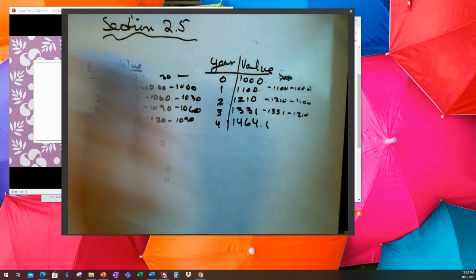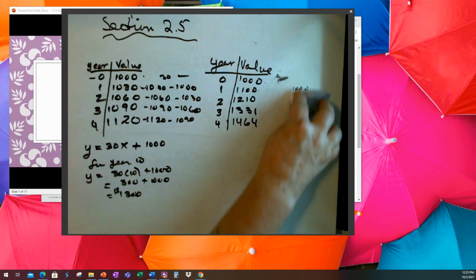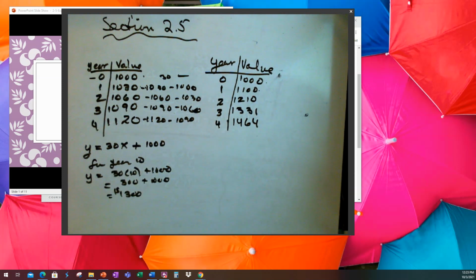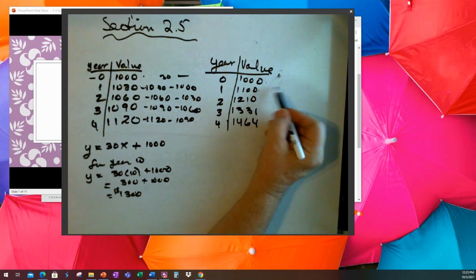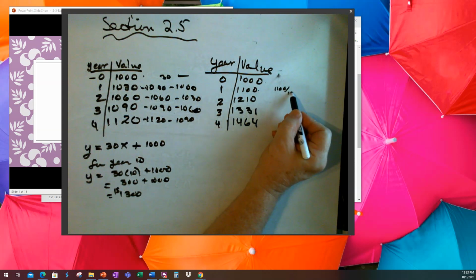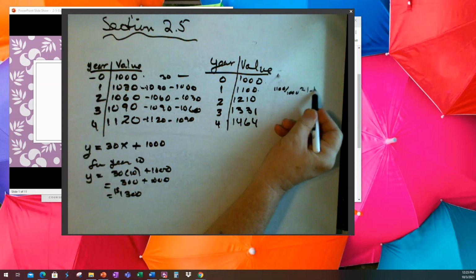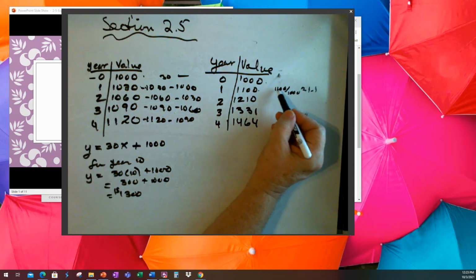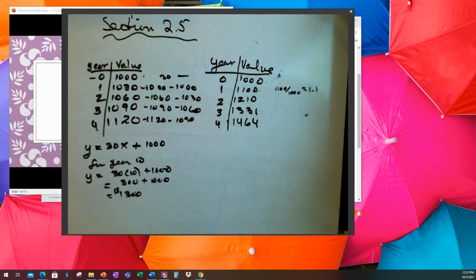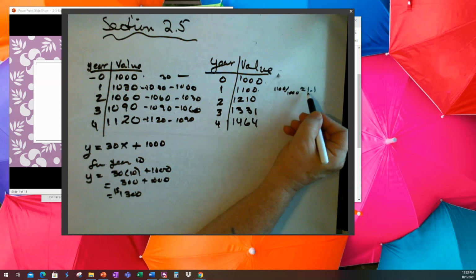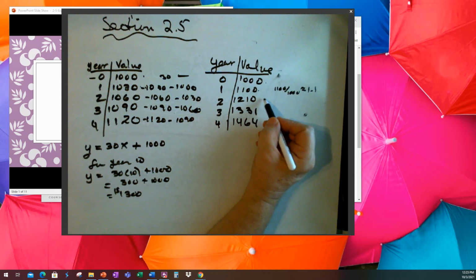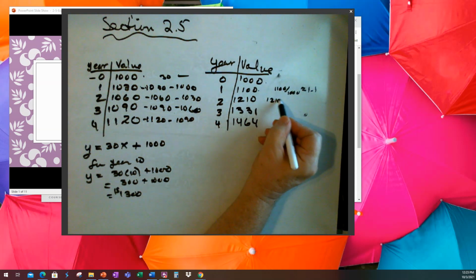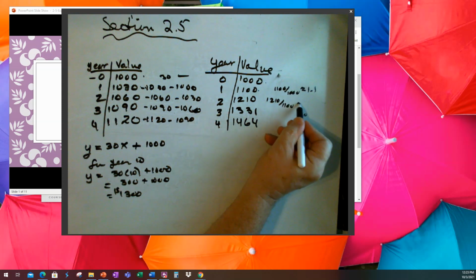The next thing we wanted to check is whether there is some multiple I can work with. So I'm going to divide each term by the previous. 1100 divided by 1000 gives 1.1, since each time I divide by 10, I move my decimal place over. How about 1210 divided by 1100?